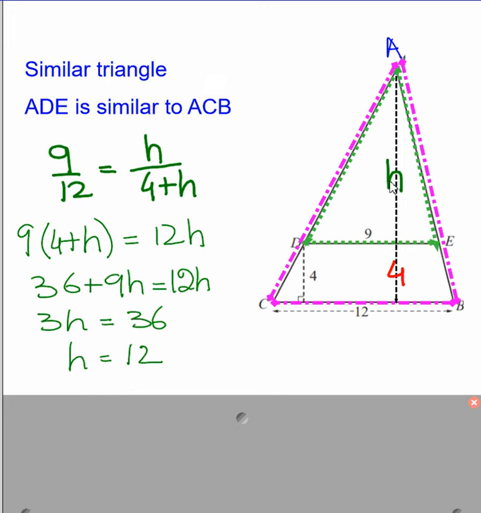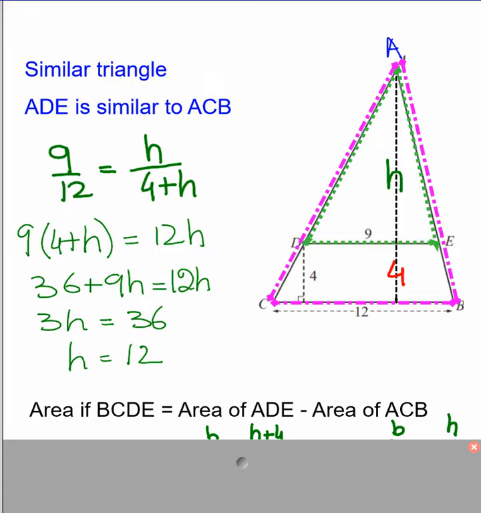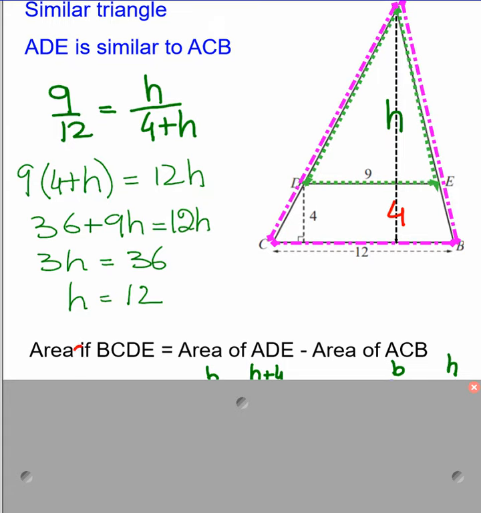Now, why are we finding h? We have to find the area of this portion. So we will find the area of this small triangle and the area of the bigger triangle. Then from the bigger triangle area, we subtract the small triangle area to get this area. So area of BCDE is equal to area of ACB minus area of ADE. I had written it reversed, it is a typing mistake.